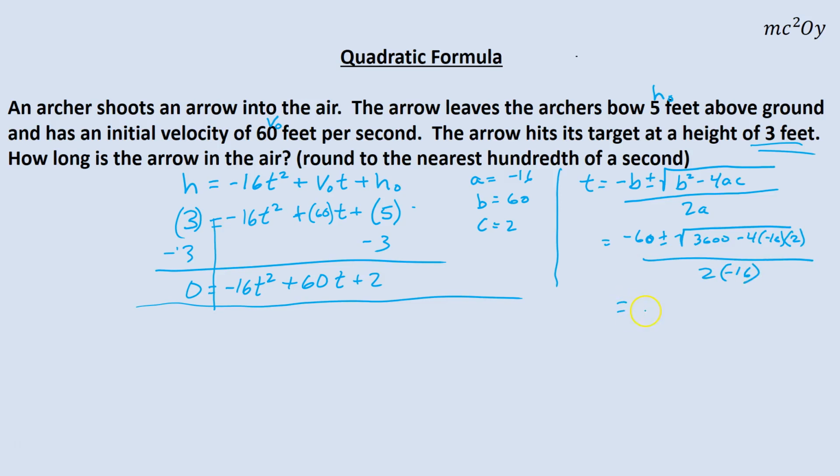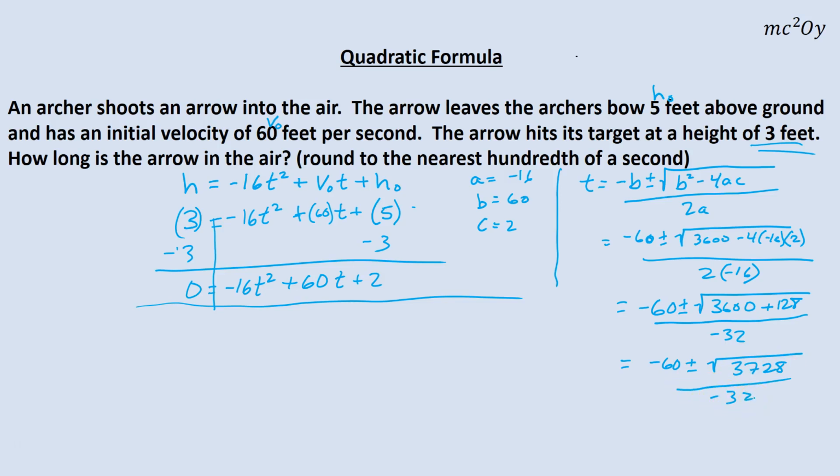And so this is going to give me negative 60 plus or minus the root of 3600, and 4 times negative 16 times 2 is 128, all over negative 32, which is negative 60 plus or minus the root of 3728 over negative 32.